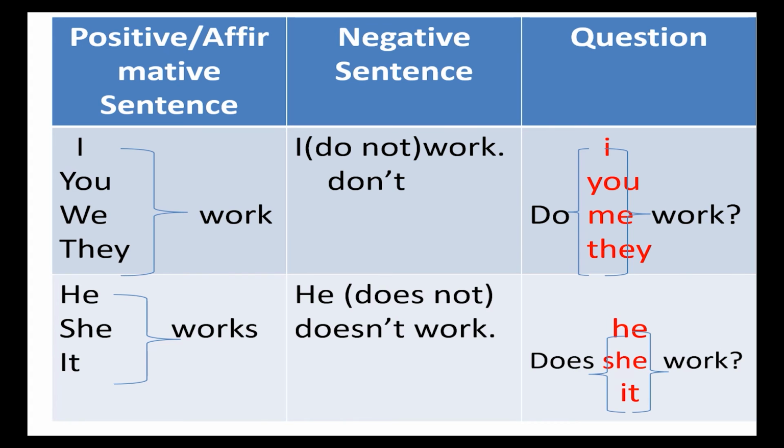And when the subject is third person singular number, we use does. So first we have to use helping verbs or question words, do, does or what, when, where, after that subject, then object. So first with the helping verb or question word, we need to start the question.